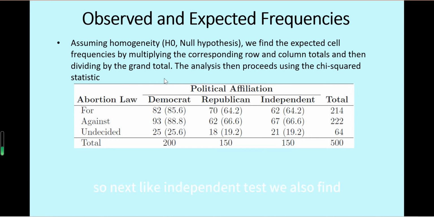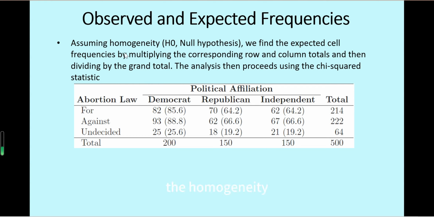So next, like the independence test, we will also find expected frequencies in the table. This is the observed frequency, and in the parentheses are the expected frequencies.